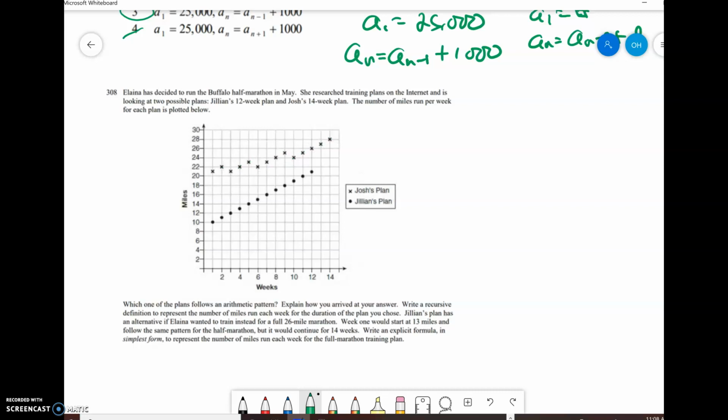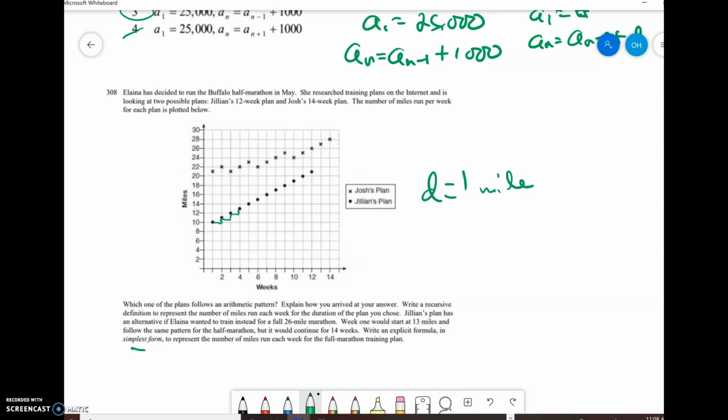Okay, whereas Jillian's plan, week 1, it's 10 miles you run, and then week 2, it's 11 miles you run, and then week 3, it's 12 miles, and week 4, it's 13 miles. So here the common difference is 1 mile.